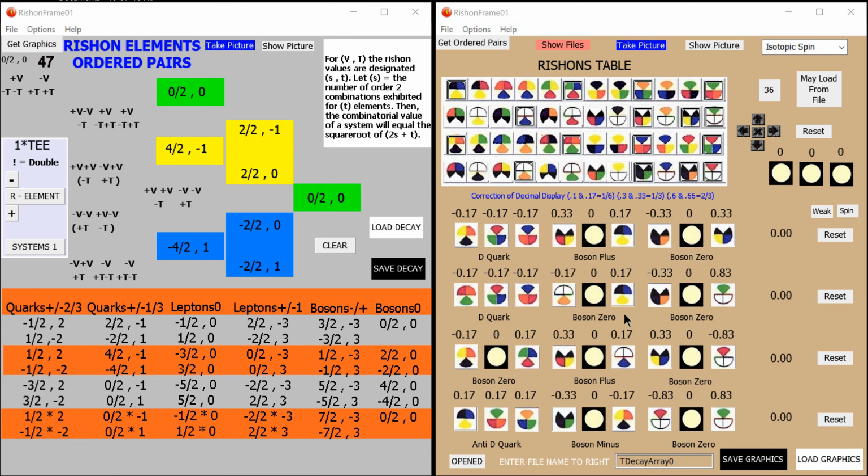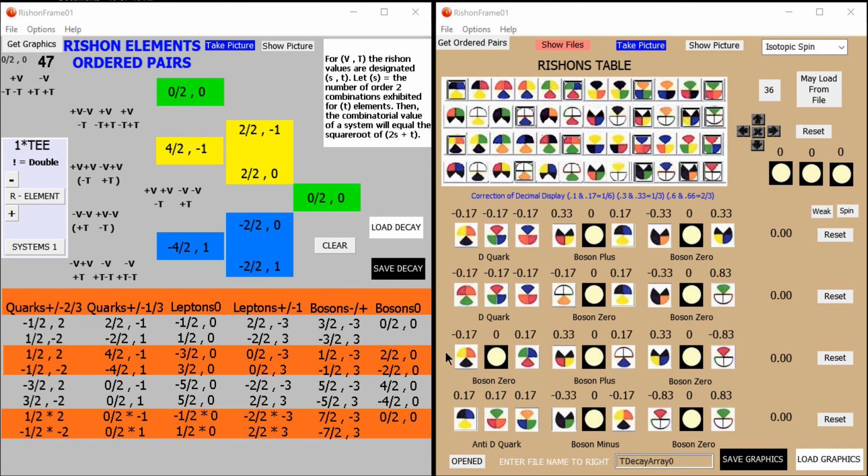The unflavored neutral boson provides no contribution to the isotopic spin, but for the flavored neutral boson here, we have minus 1/3 and 5/6, and we'll see that this 5/6, take away the 2/6 of the minus 1/3, will give us plus 1/2, which will cancel out the minus 1/2 on the generic D quark, giving us an isotopic spin on the B quark of 0, as it should be according to the standard model.